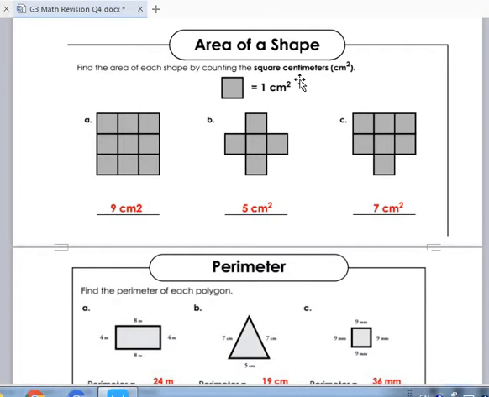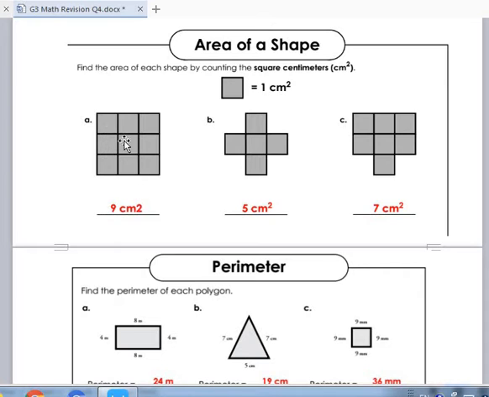Area of a shape. Now moving to the lesson of area. Find the area of each shape by counting the square centimeters. The area is the boxes inside the shape. Every square is one square centimeter.